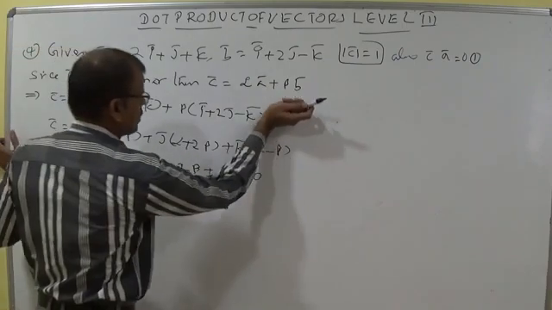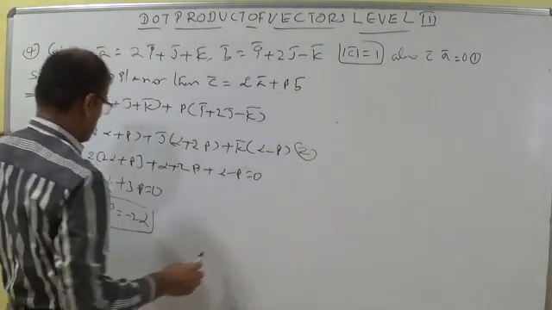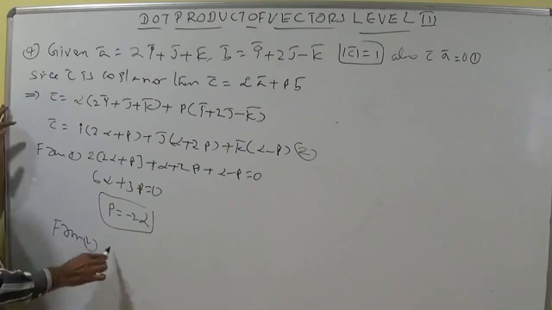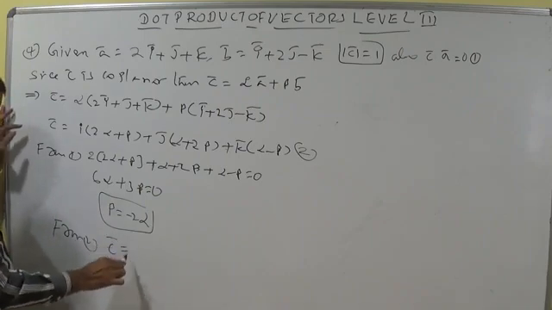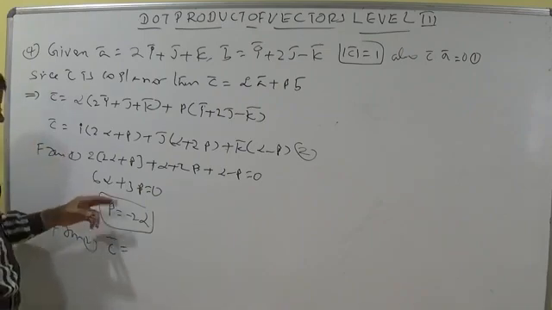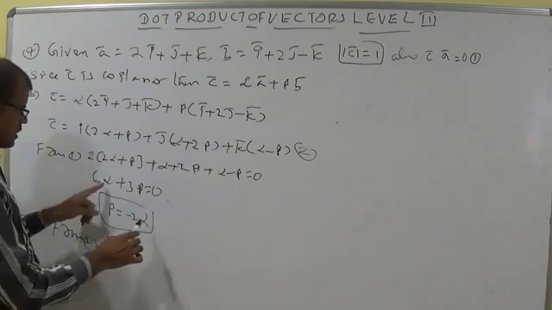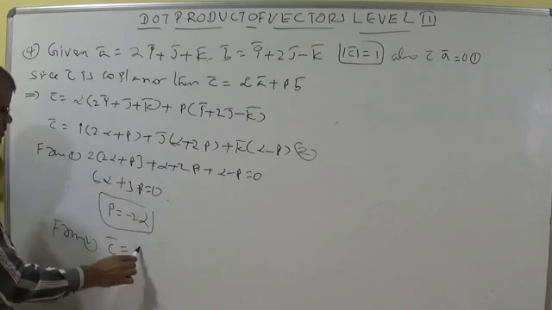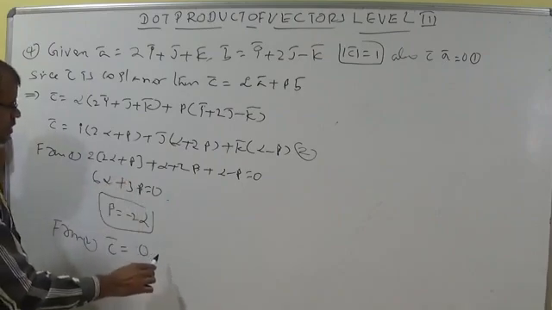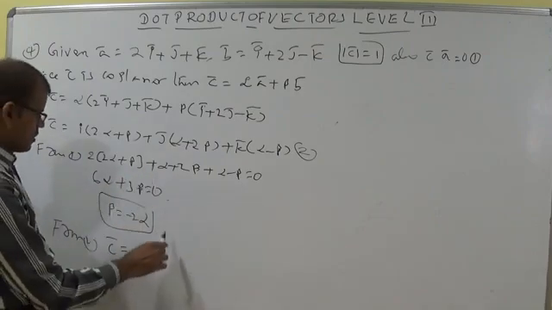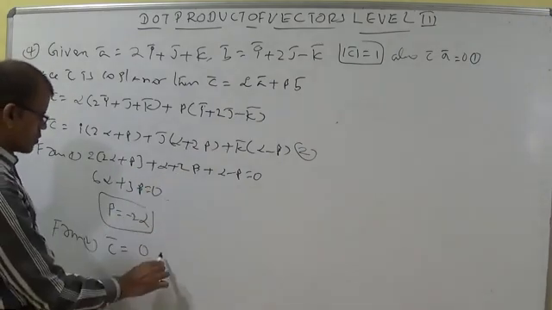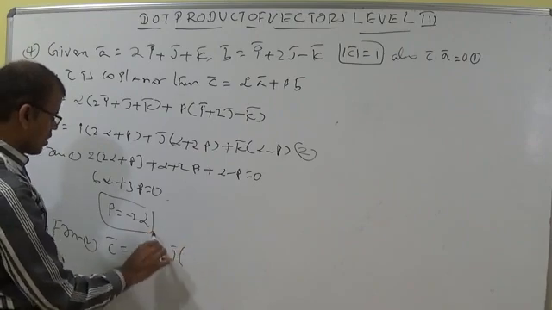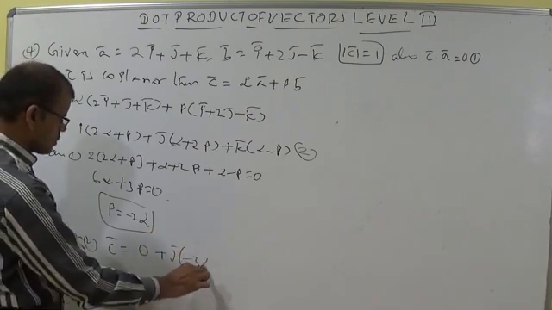From 2, C bar is equal to: the i coefficient is 2 alpha plus beta, which is 0. Then j bar into (alpha plus 2 beta); instead of beta write minus 2 alpha, so alpha minus 4 alpha, which is minus 3 alpha.